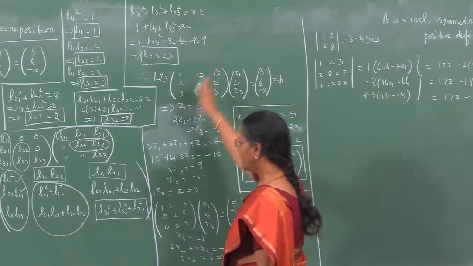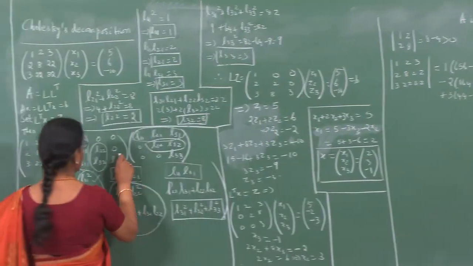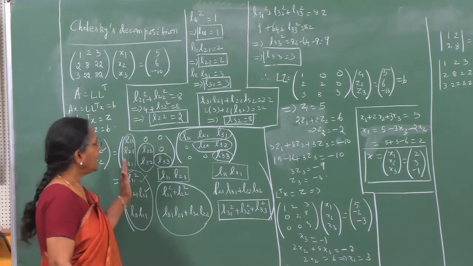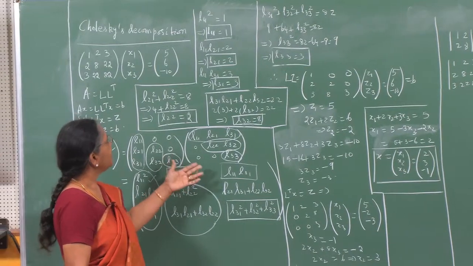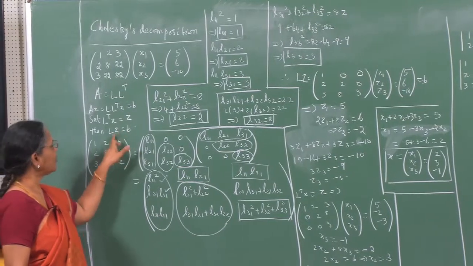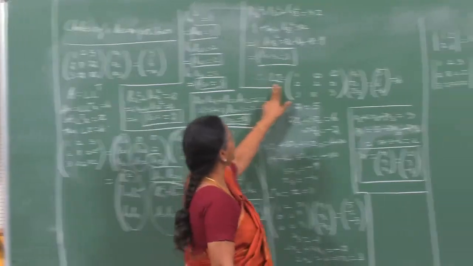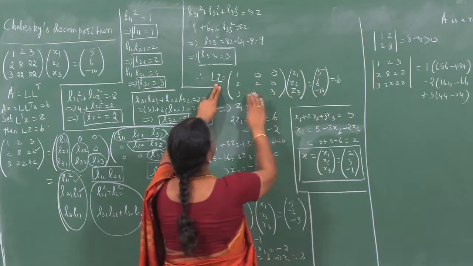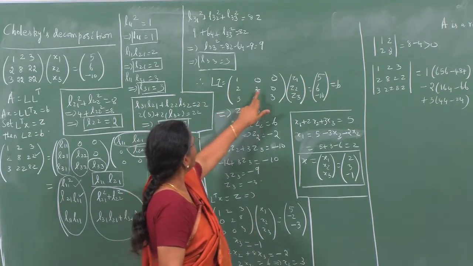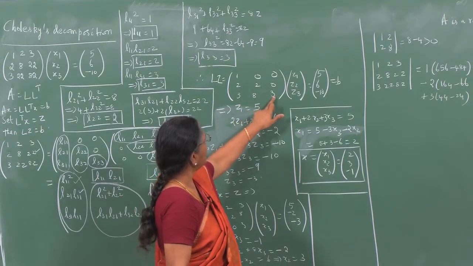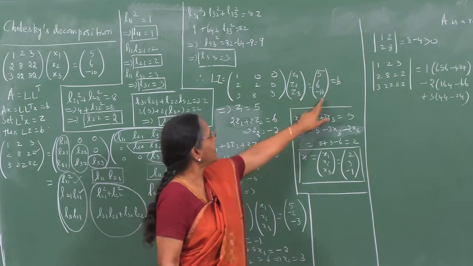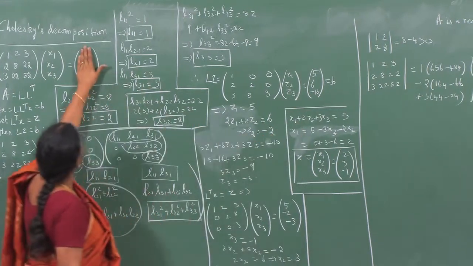So, we have determined all the unknowns which appear either in L or in L transpose, and hence we write down the matrix L, and we first have to solve the system Lz equal to B. So, I consider Lz equal to B. I write down L, namely L11, L21, L31, L22, L32 and L33, and Z has components Z1, Z2, Z3, and the right hand side vector B is given here.